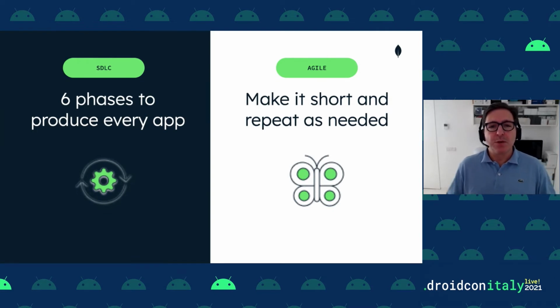So the first phase will be planning, then you will have the analysis, then you will design, then you start coding and implementing all the stuff that you need to do. Then when the application is ready, you will deploy it.